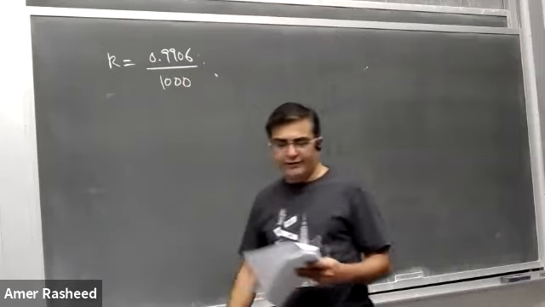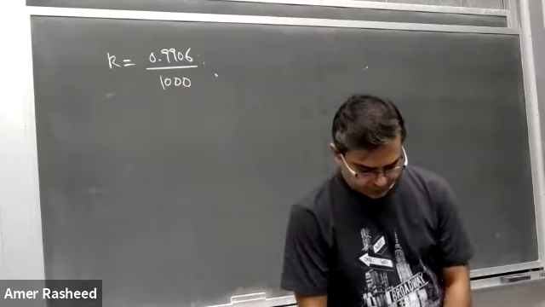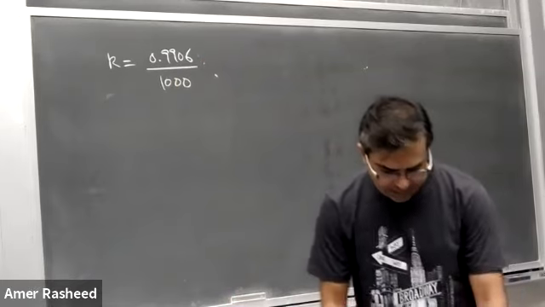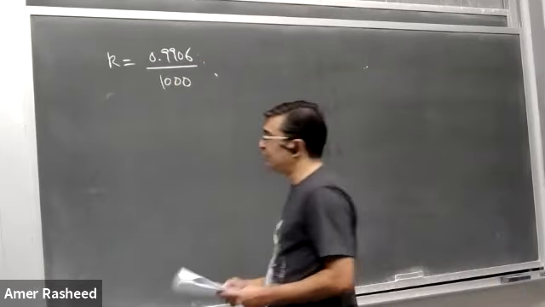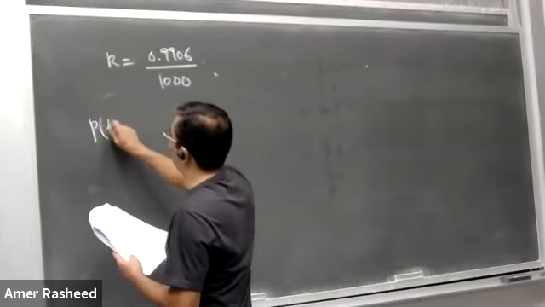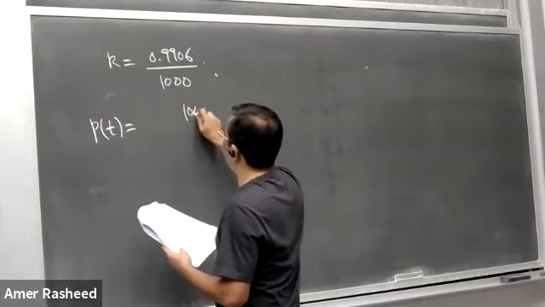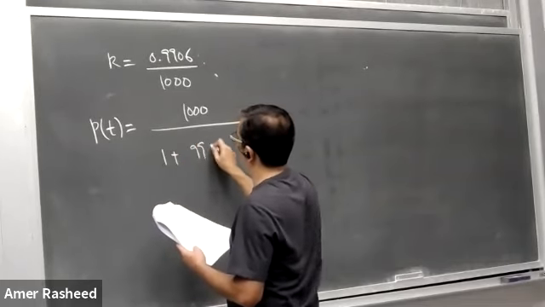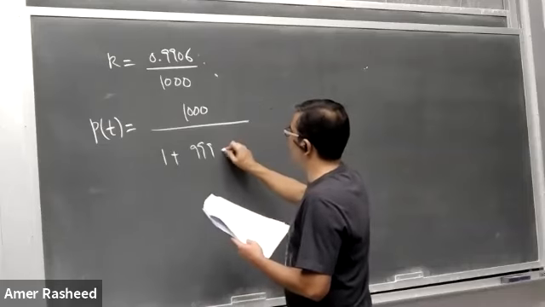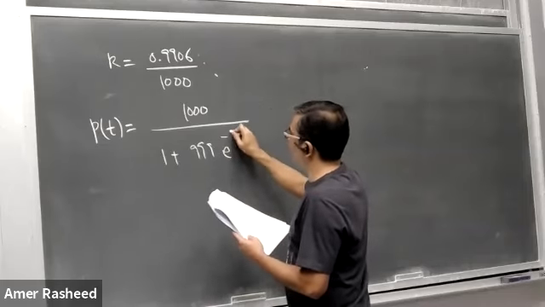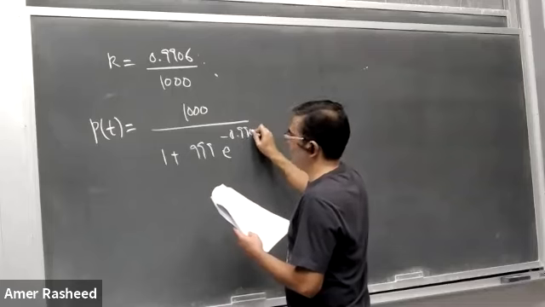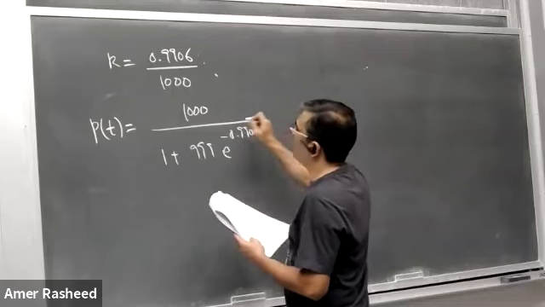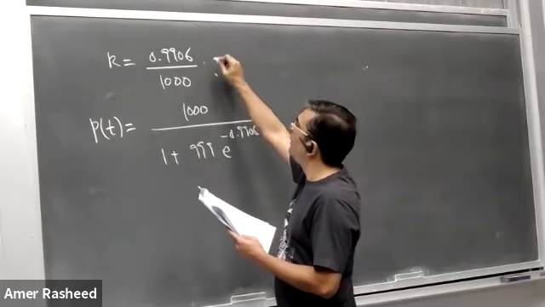Okay, this is the value of k. Thus, we obtain the solution becomes P of t is equal to 1000 divided by 1 plus 999 times e raised power negative 0.9906 t.